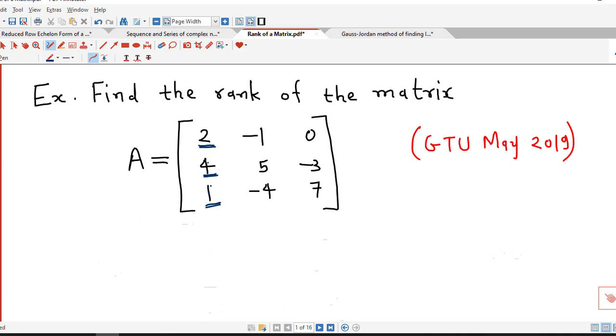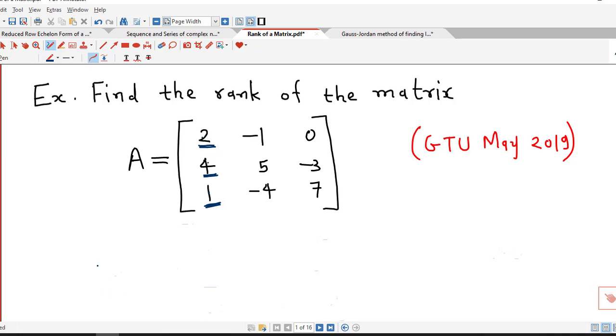To make these two entries 0, we can use the first entry 2, or we can interchange the first row with the third row, because we have 1 there. If we interchange with the third row, we obtain 1 here and it will be easy to make these entries 0 using that 1.